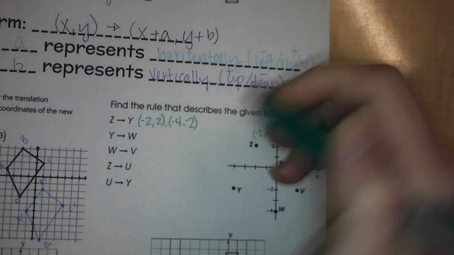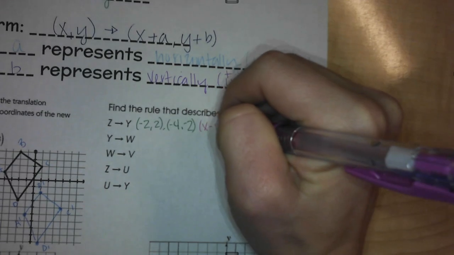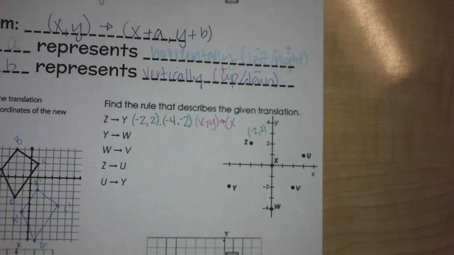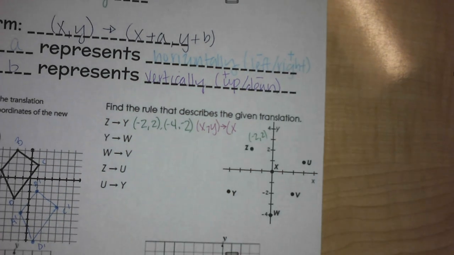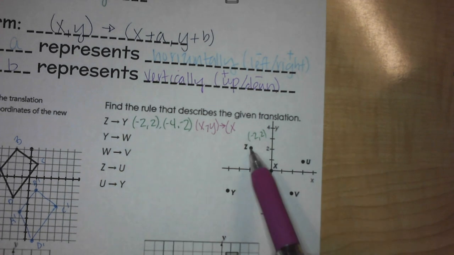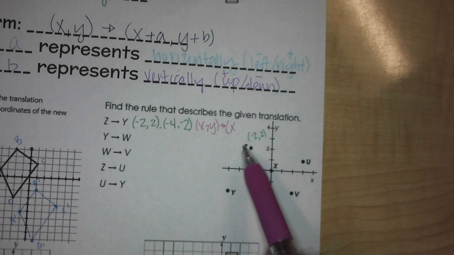So you're going to write the rule. So the rule is x comma y, and it goes to what? X. So a couple of things you can do. You can take your x's and see how much change there is. Or you can go from Z to Y. How many do we go horizontally? 1, 2.